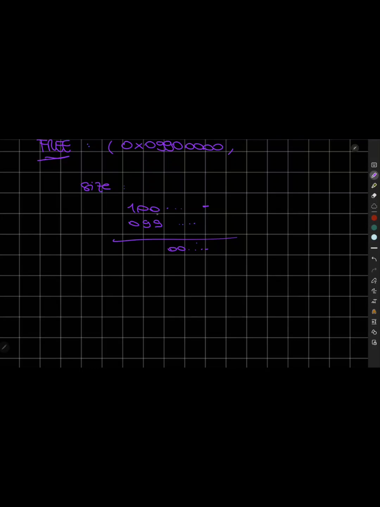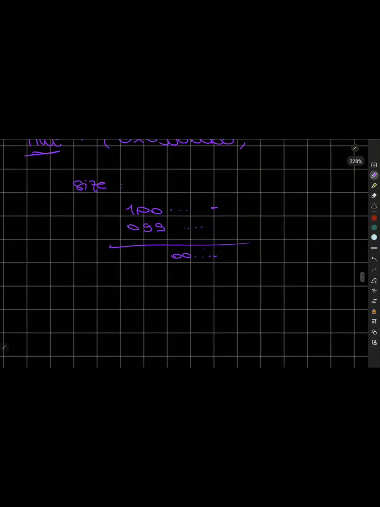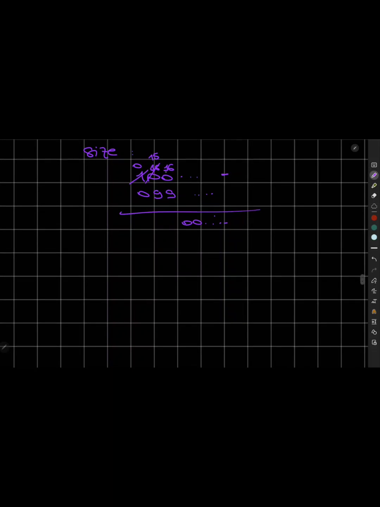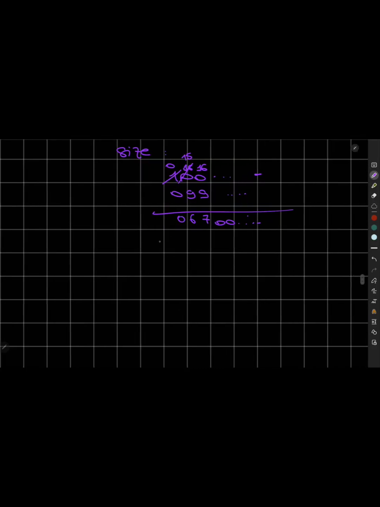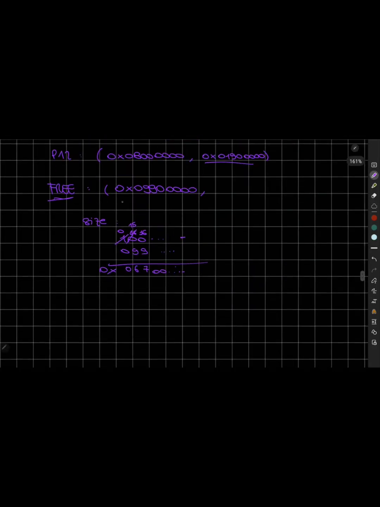So in order to do this, I cannot do 0 minus 9. I remember that I'm doing a hexadecimal operation. So I'm stealing from this one. Here remains 0. Here I have 16. So I need to do this. And now 16 minus 9 is equal to 7. 15 minus 9 is equal to 6. 0 minus 0 is equal to 0. So the size of this free block is going to be 0, 67, and all the necessary zeros.